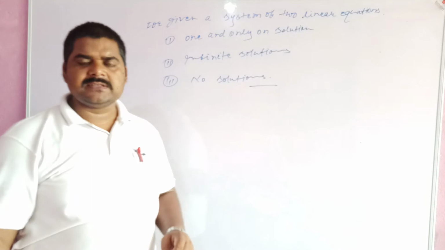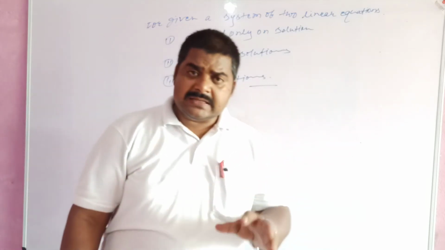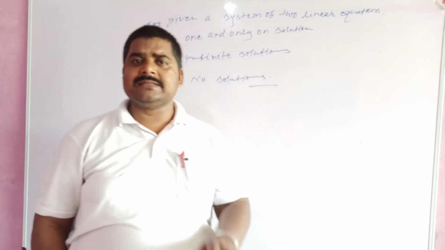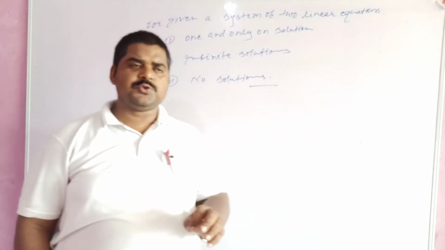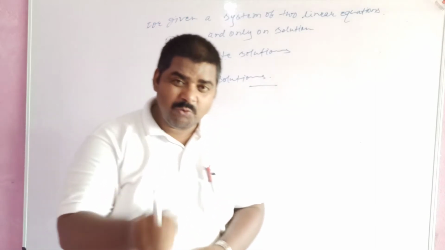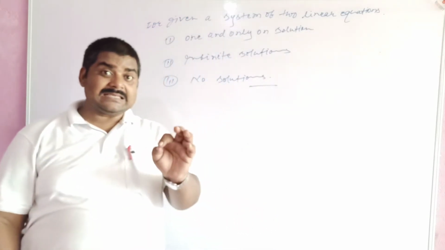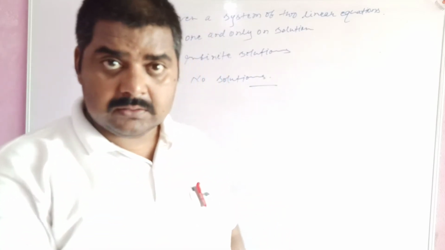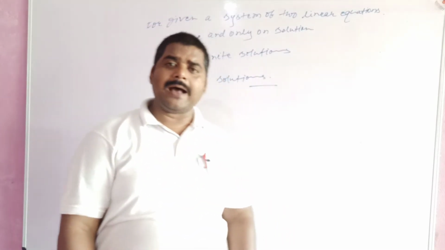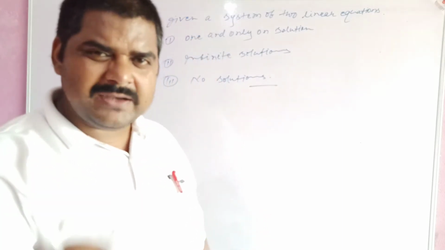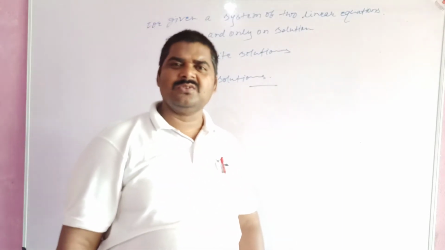What is the meaning of consistent? Consistent is the system in which the two given linear equations have at least one solution. And what is the meaning of at least one? Suppose that your father has said that you give at least 1 rupee to the beggar.